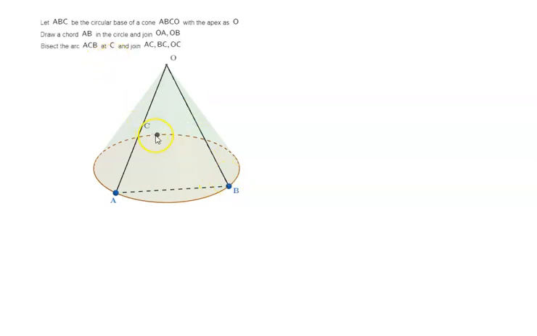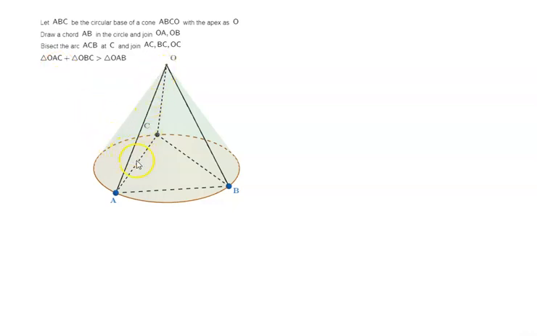Bisect the arc ACB at C. So the arc has been cut at C such that arc AC is equal to arc BC, and join AC, BC and OC.